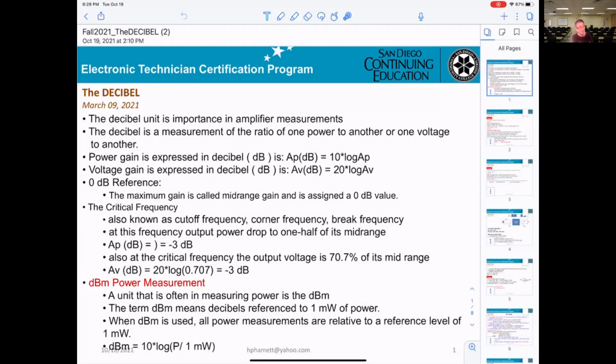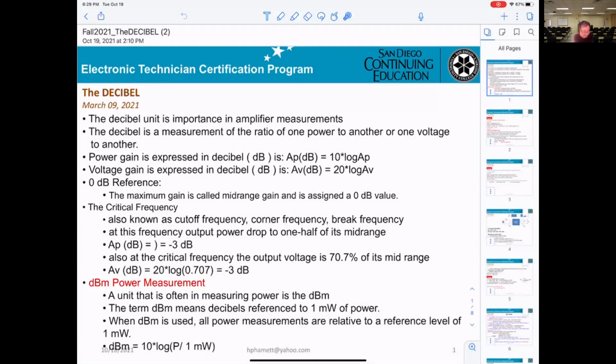So basically, decibel is just a ratio between V out divided by V in, or P out divided by P in, or I out divided by I in.